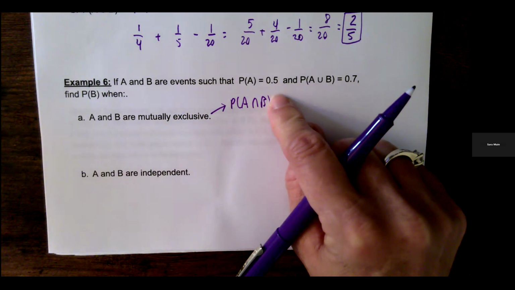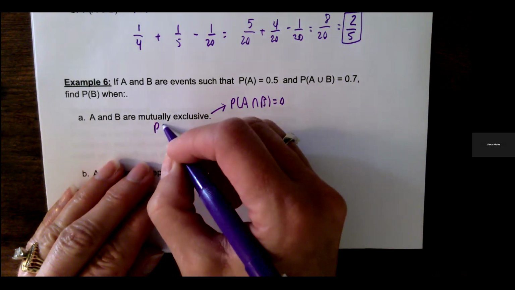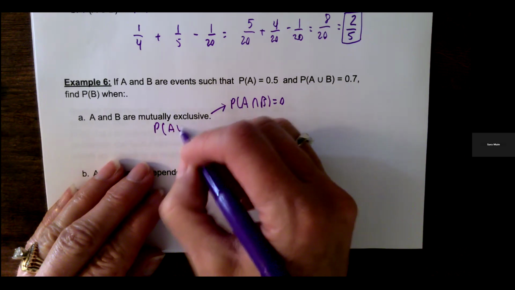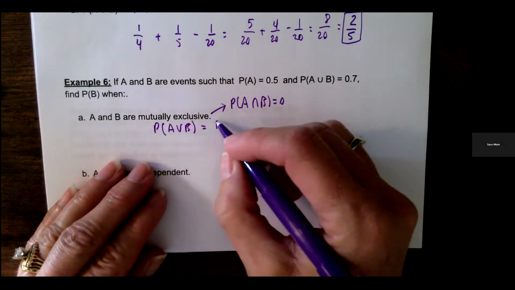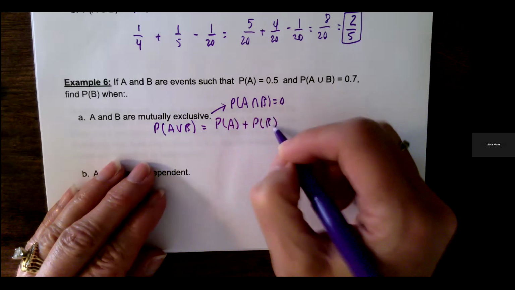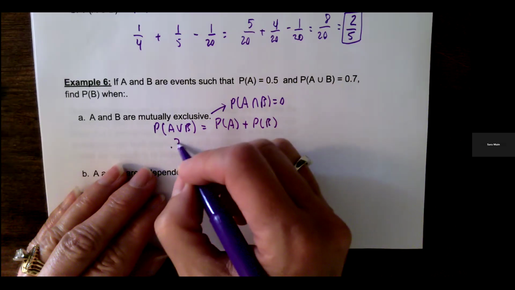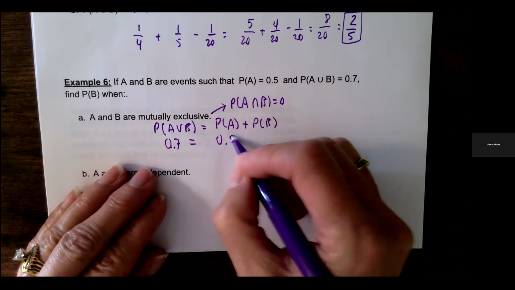Their intersection is 0. So that means that we can use the union rule, A union B, because then if they're mutually exclusive, we can just add the probability of A plus the probability of B. Well, we know the union is 0.7, and we know A is 0.5.